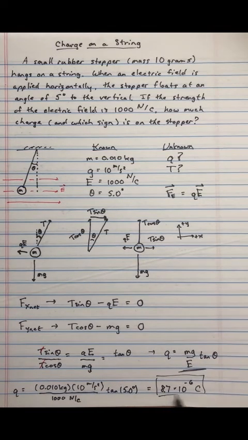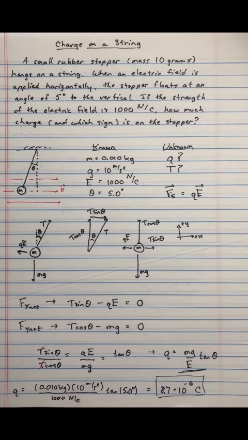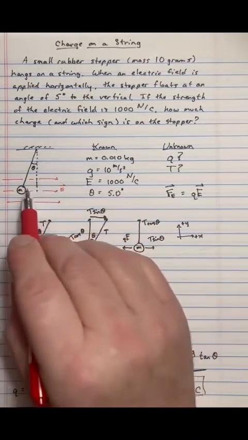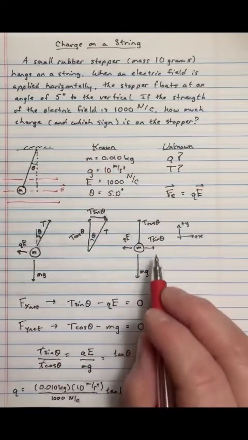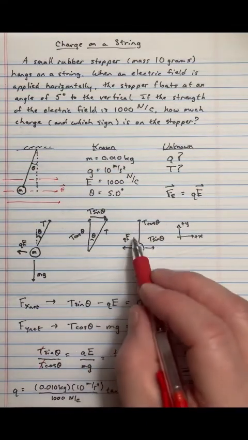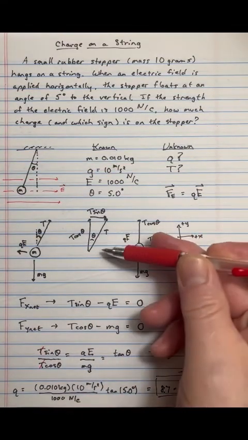All right, so there's the magnitude. Now, what about the sign? Okay, well, let's think about this a little bit. It's not going to come out of this math right here directly, so we're going to have to think about this for a moment and see what the sign's going to be. Well, let's take a look at the picture. In this case, the tension is trying to pull the mass this way. So QE is going to the left.